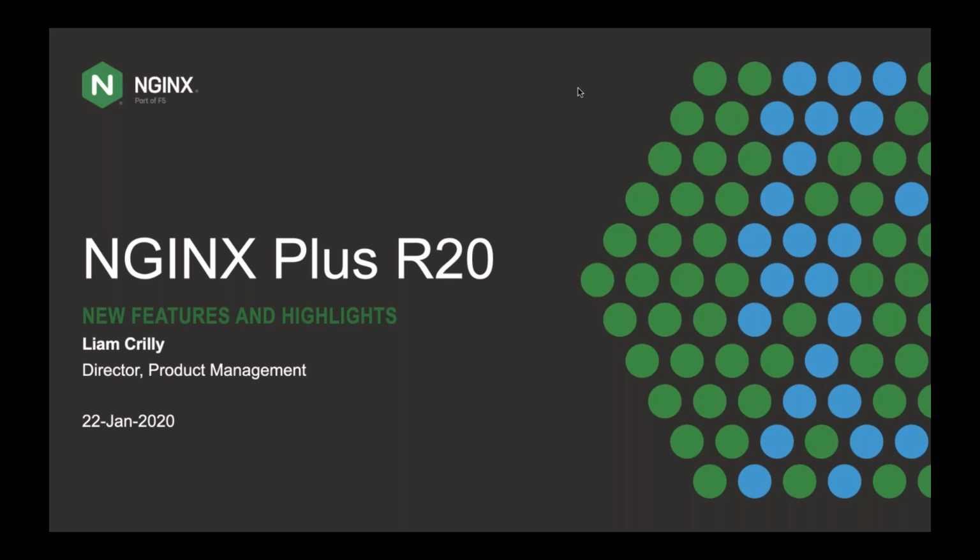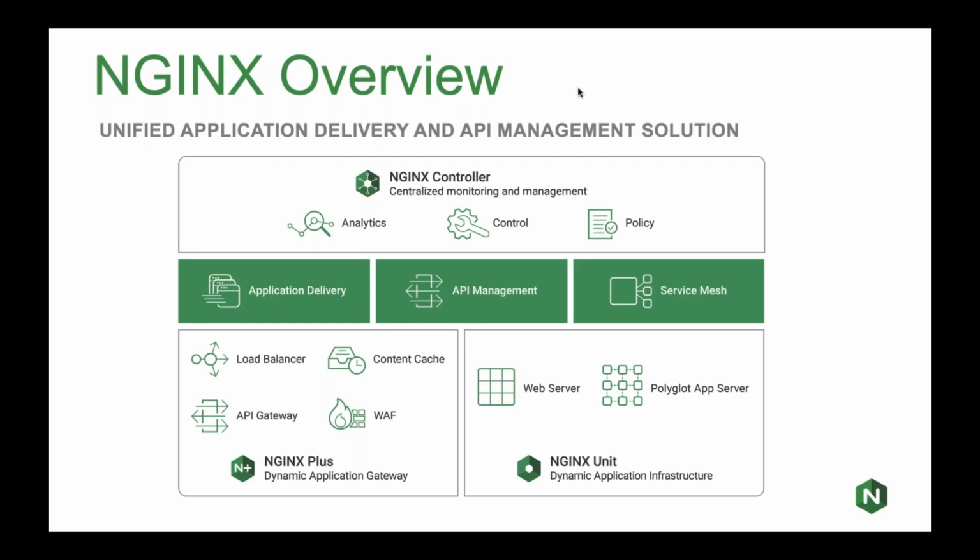So let's dive in. Firstly, just to level set on what we're talking about today and how that fits in the overall NGINX product portfolio. We're talking about NGINX Plus, so this is at the bottom left of this diagram.